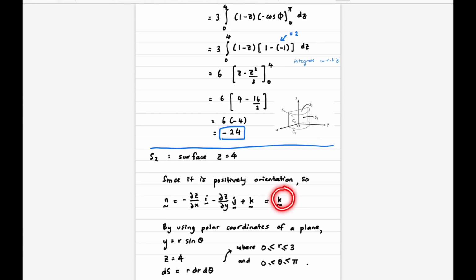Now by using polar coordinates of a plane, y is equal to r sine theta, z is equal to 4. r is from 0 to 3, the radius of this half circle is 3, and then theta is from 0 to pi. So half circle like this will be 180 degrees. This is equal to pi. So that's why we get this boundary.